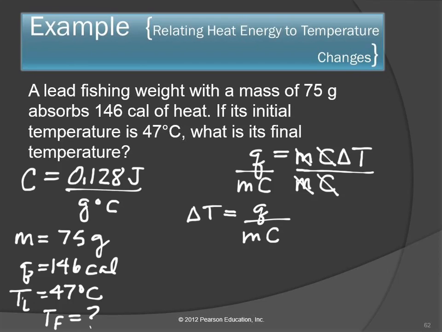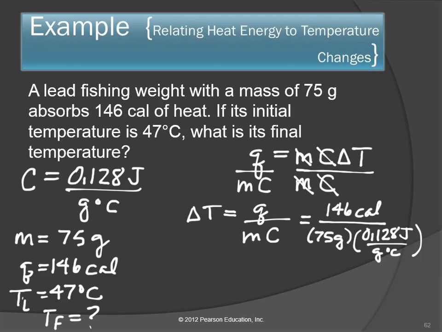So let's put our numbers in here. Q is 146 calories. You've got to write the units. The mass is 75 grams. And C is 0.128 joules per gram degrees Celsius. And then check out the units.